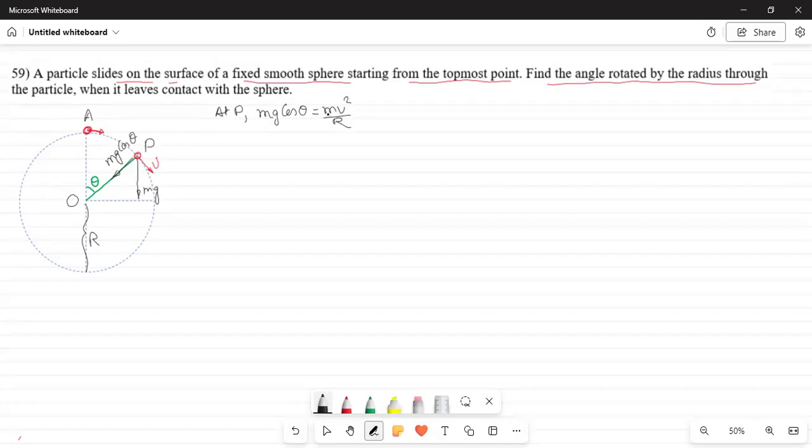Same thing happened in our pendulum sums also. From here, what do we get? v square is equal to rg, m gets cancelled, v square is equal to rg cos theta.